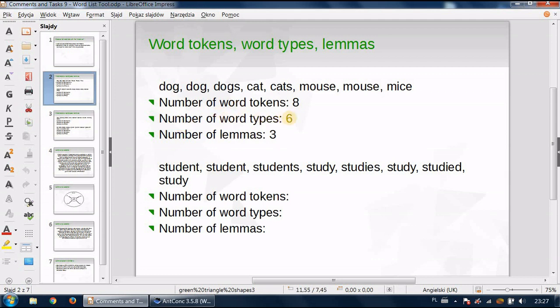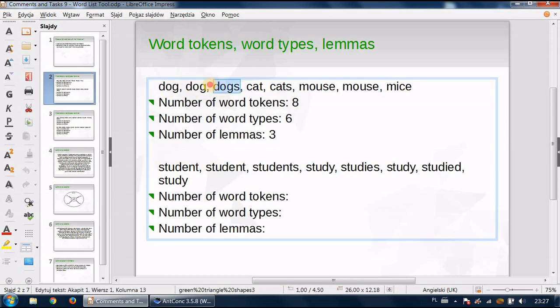Now, word types, on the other hand, are the same type of word. So dog and dog is the same type of word, but dogs is a different type because it's not exactly the same form. So word types are, in other words, word forms. Okay, so this word form is different from this word form. Then cat is different from cats. These two are identical, and this one is another which is different.